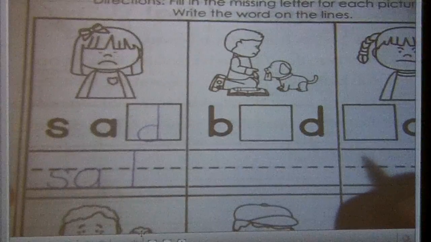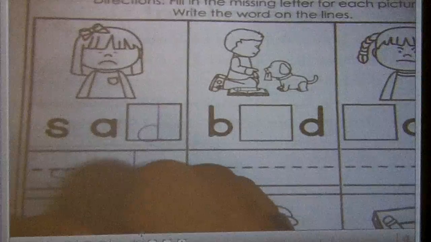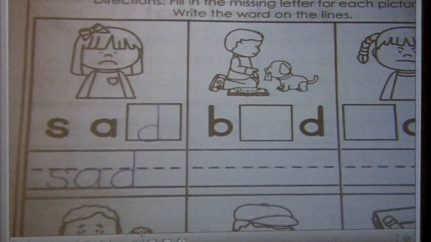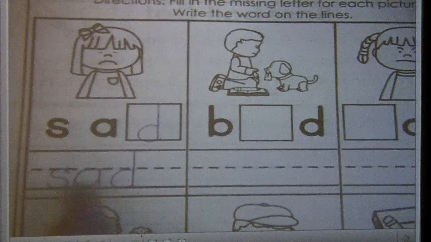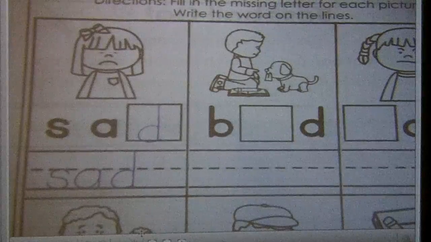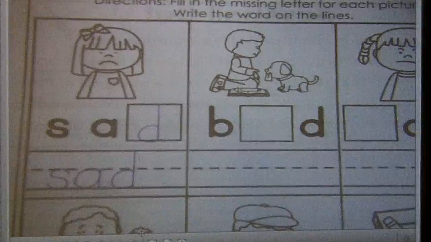And we are going to give it a diaper. Not a belly. Give it a diaper. Please check that you have S, A, D, and that you are using those dotted lines to help you write the letters the correct way, or form the letters the correct way.